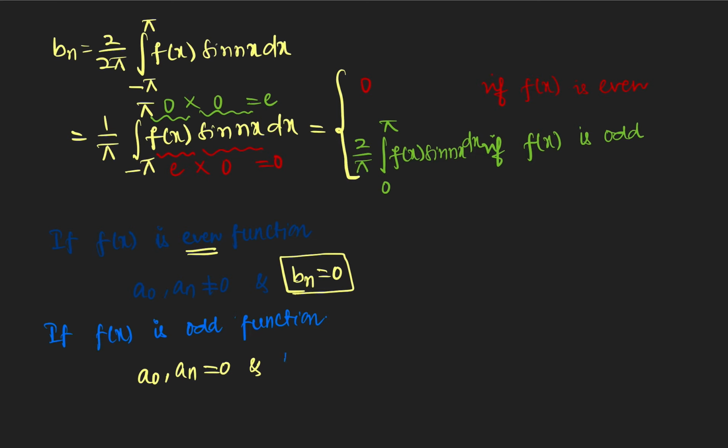So if the function is even, compute a naught and an, and in the second case, if it is an odd function, compute only bn.